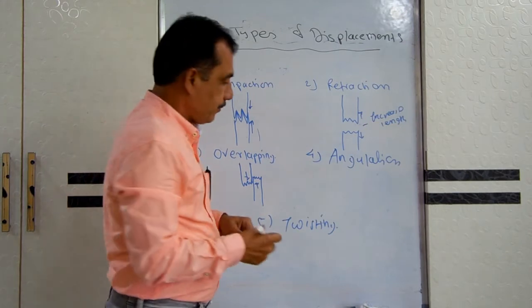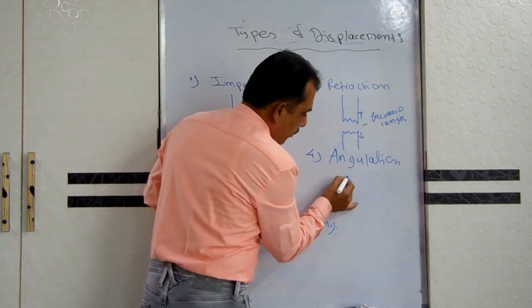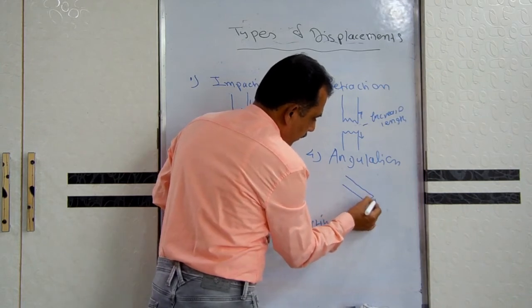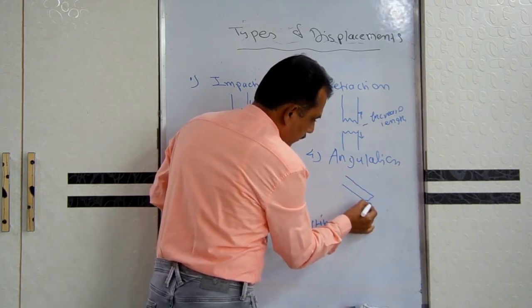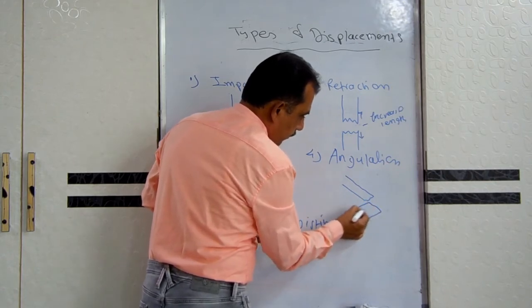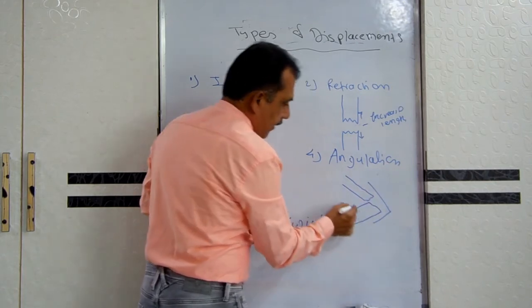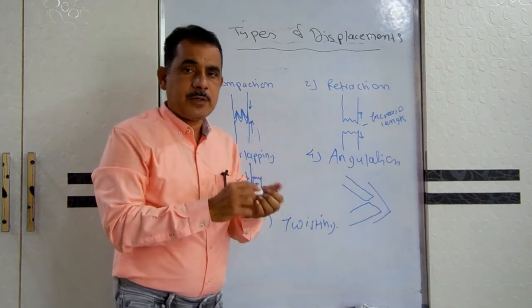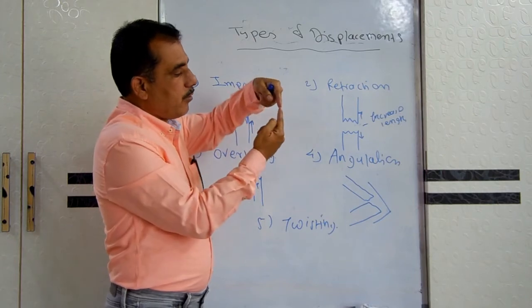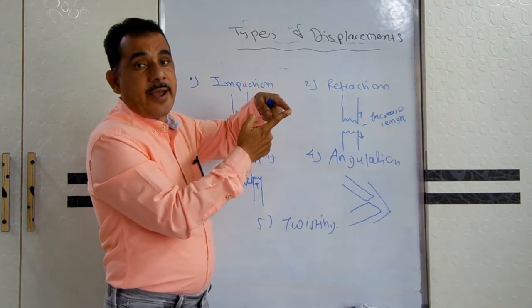Then angulation. What is angulation? Where two fracture ends show angulation. After the fracture, what happens? The two ends move to one side. This is the one side, so this causes the angulation.